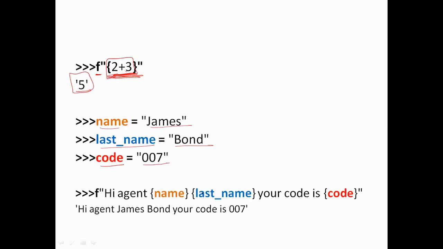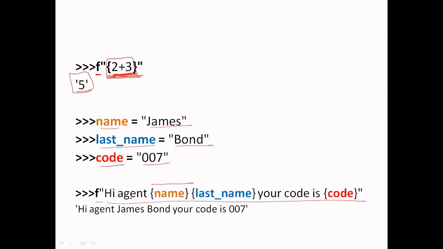If I want to format a string using the f-string method, I will write f, then the string, and inside this string I will use the placeholders, that means braces, and inside these braces I will use the variable names. This is the simplest, or simpler for us, way to write this type of syntax.